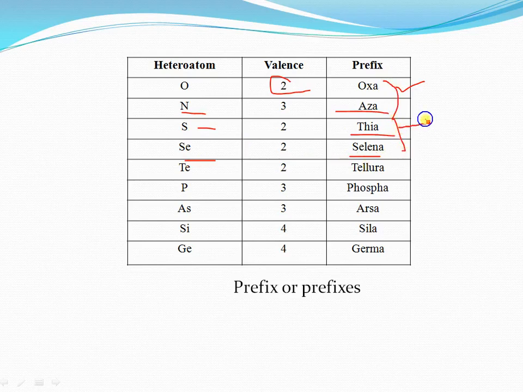These 3 are important for second year syllabus or routine. Then phosphorus is phospha, this is sila, then germa, like this.